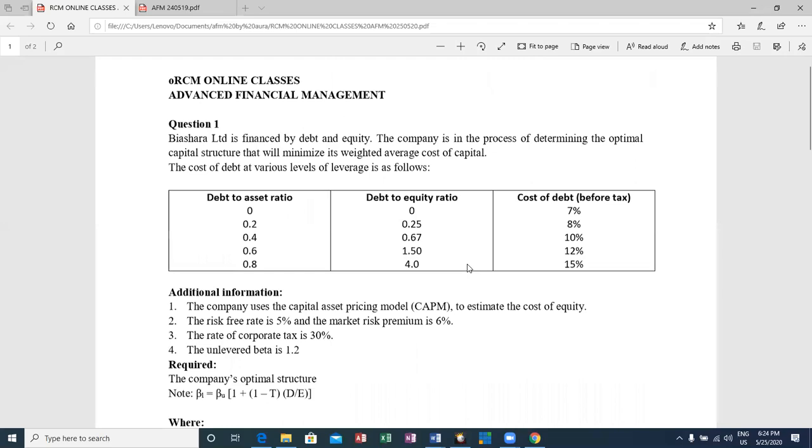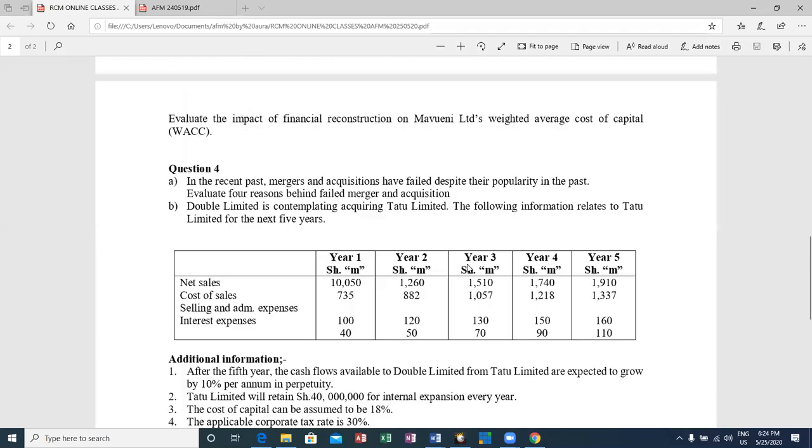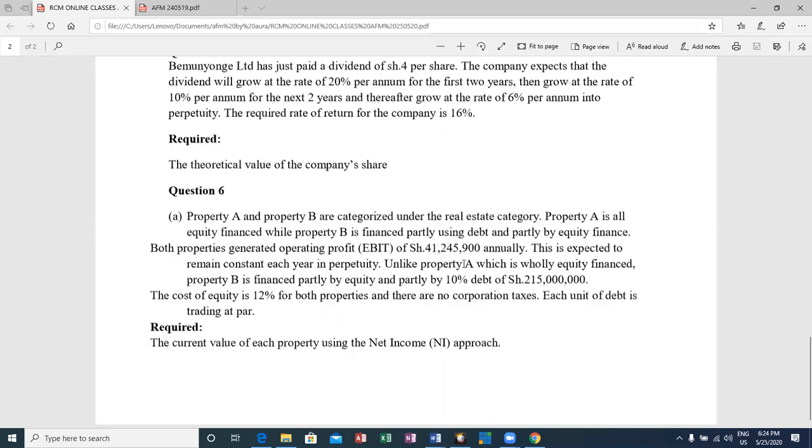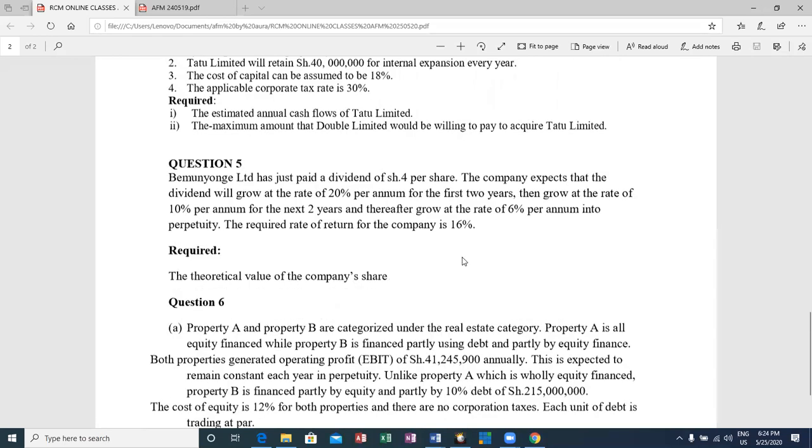I think the last one. Question number 5. This is the last time I'm doing this question of perpetuity. We know that perpetuity is a serious area.